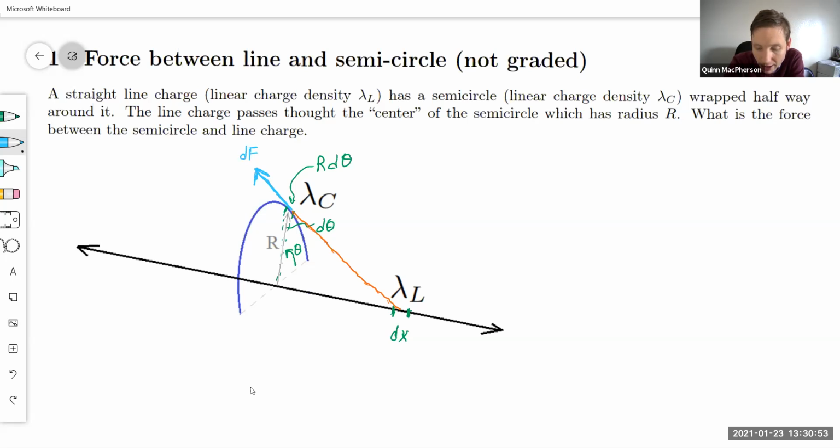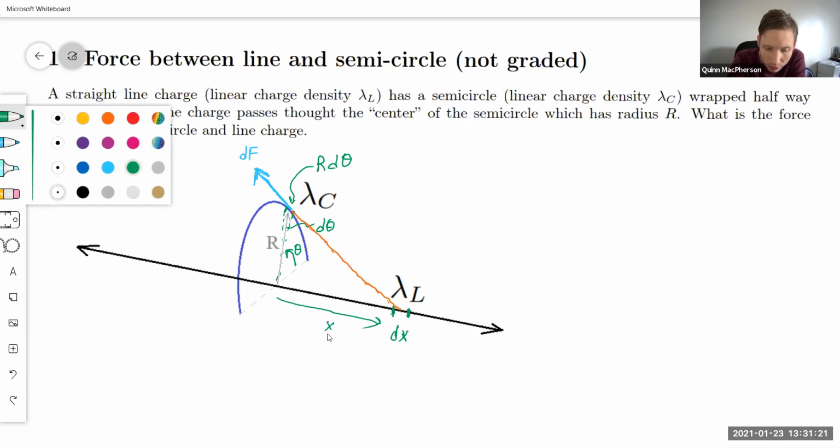I'm going to call this dF because it's the force due to just the differential line segments. We'll integrate it to get the full force. So dF is the force between this segment and this segment at angle theta, d theta and dx, and we can refer to this distance here as x.